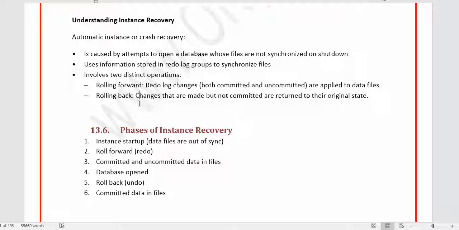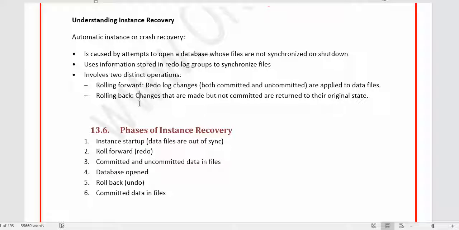This is at 10 o'clock. Now at 10:05 nothing is saved into the disk yet because DB writer works asynchronously. At 10:05, consider your instance has crashed.